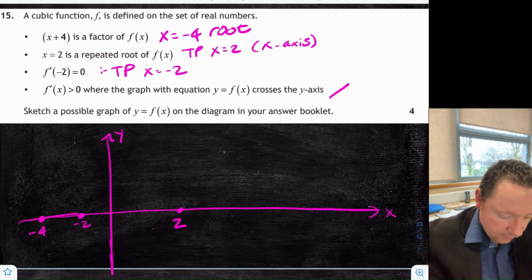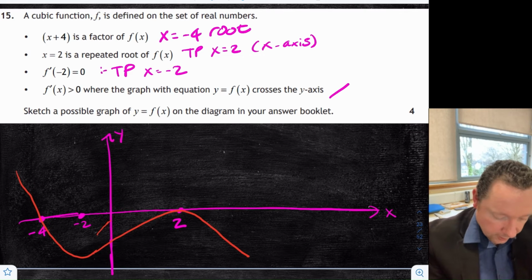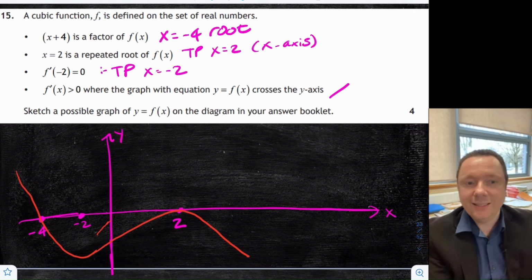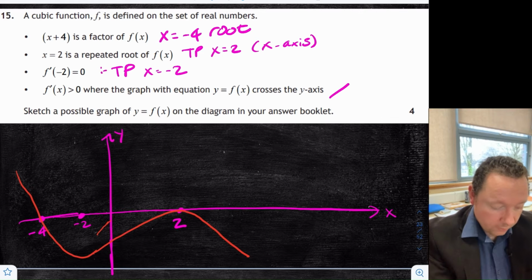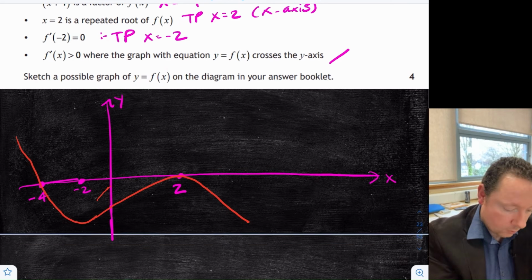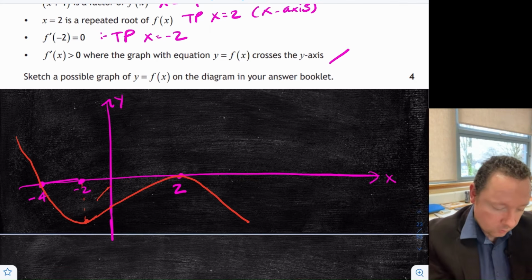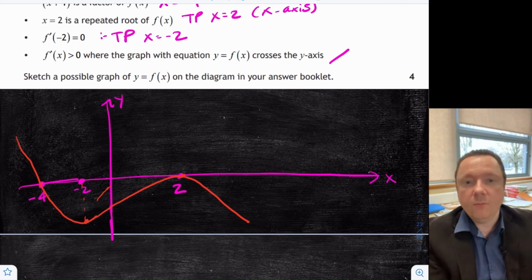Since it's rising at this point where it cuts the y-axis, and this is a turning point, it must drop down here, turn at minus 2, rise back up, turn at 2 again, and then drop back down, because we also know that 2 is a turning point. So there you go, we have managed to do that. We're showing that minus 2 is one of the turning points. We've got x equal to 2 here and minus 4, so we've got a possible graph, and we're done there.